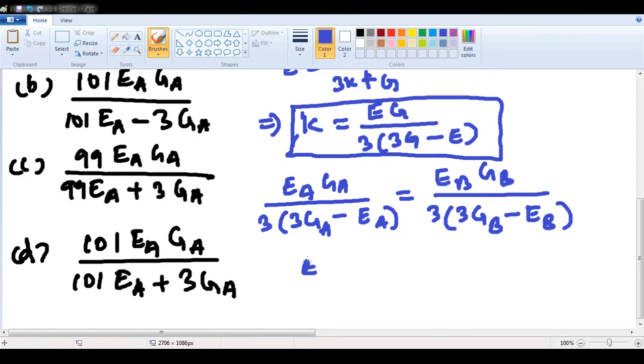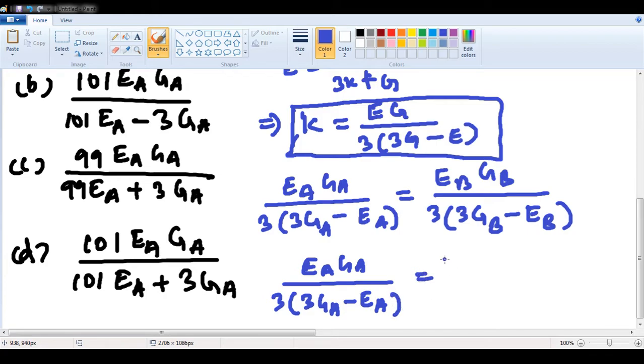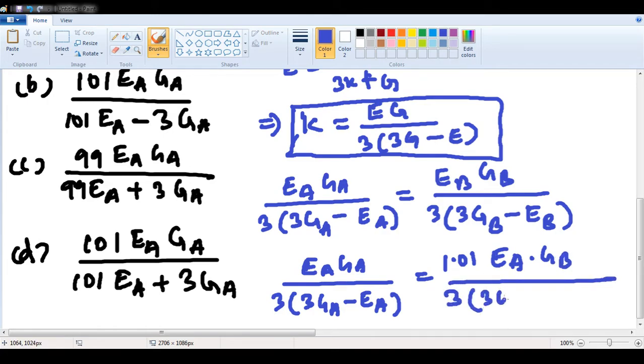That is EA GA divided by 3 GA minus EA is equal to 1.01 of EA GB divided by 3 times GB minus EB. So here, from here, EA will get cancelled, right?